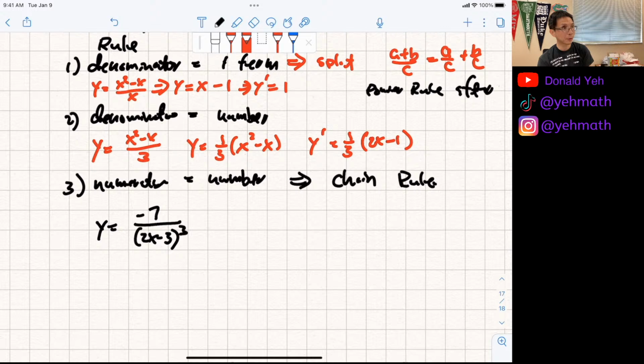Can you do the quotient rule? Yes. But you should avoid the quotient rule whenever you have those 3 situations. When the bottom is 1 term, split. When the bottom is a number, you can take out the number and do a constant multiple rule. The third thing is when the numerator is equal to a number.